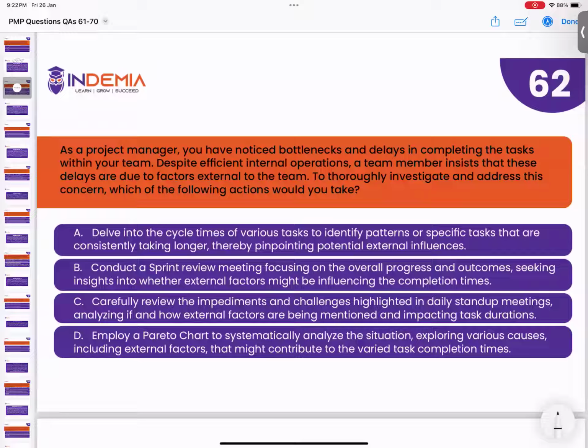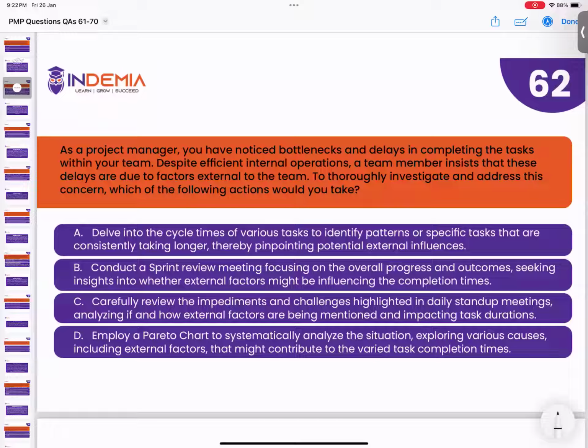This is an issue we need to address in order to move ahead, because bottlenecks are important. So I think it's easier when they conduct a sprint review meeting focusing on the overall progress, because if we leave the bottleneck, it may become a serious issue. So I believe B is the preferable solution.